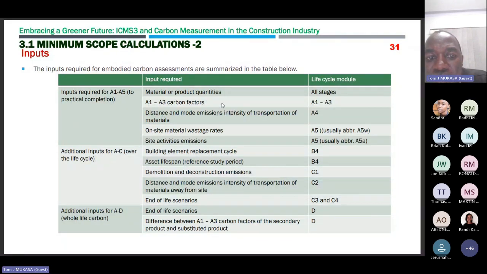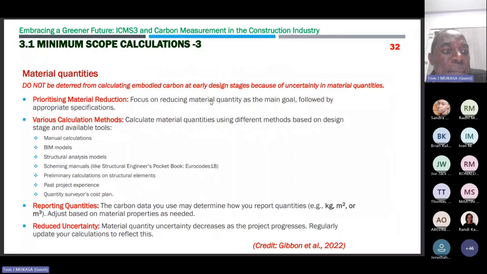There you have an input as a designer or as a construction manager or whoever is working on site to do something about that. We shall see a bit of that. Then we have these others in B and C, but this is the framework or the table that can guide you, okay?